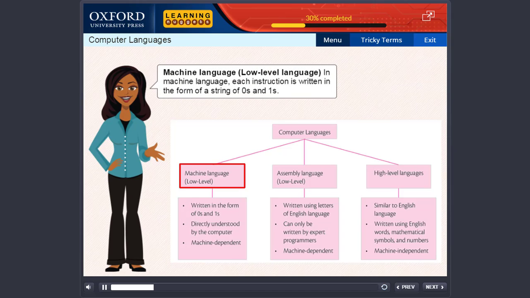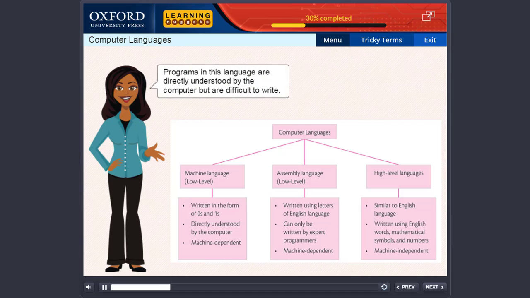Machine language, low-level language. In machine language, each instruction is written in the form of a string of zeros and ones. Programs in this language are directly understood by the computer, but are difficult to write.